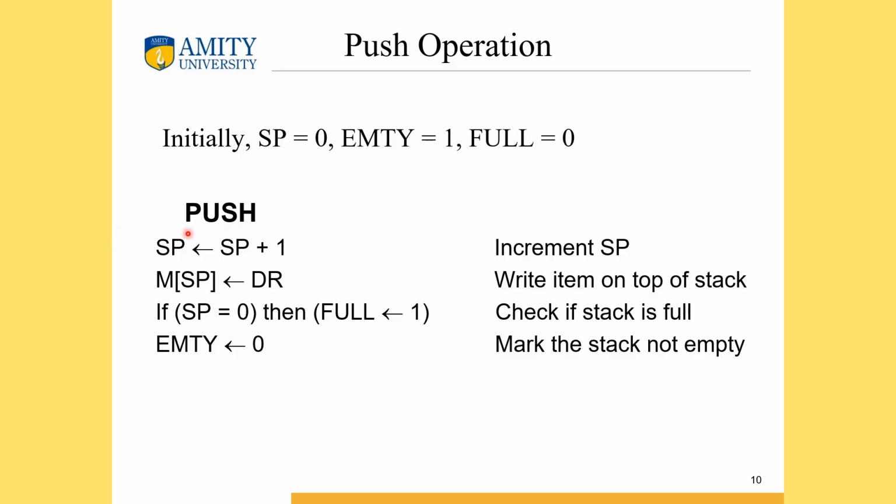So in order to push, we are going to increment the stack pointer by 1, and then from the data register we are going to store the item into the memory address of the stack pointer, and then we are going to check the status. So if the stack is full, then full is 1 and empty becomes 0.